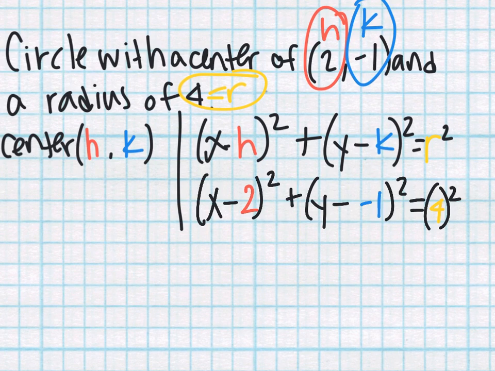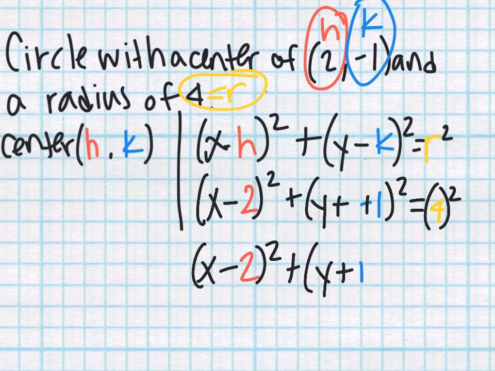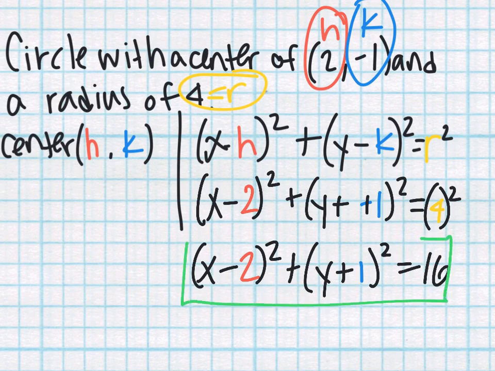So (x - 2) squared, that's good. Plus y, when I have minus and negative, I have to have this minus here, and then this is a negative, so minus and negative turns that into plus. So (y + 1) squared equals 4 times 4 is 16, so 16. And this is the standard form of this equation.